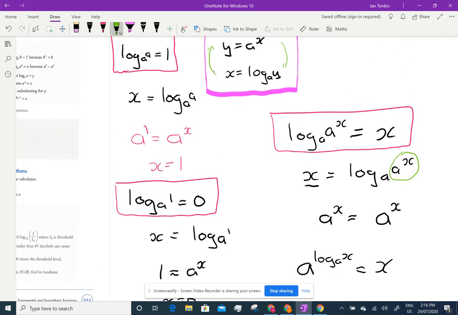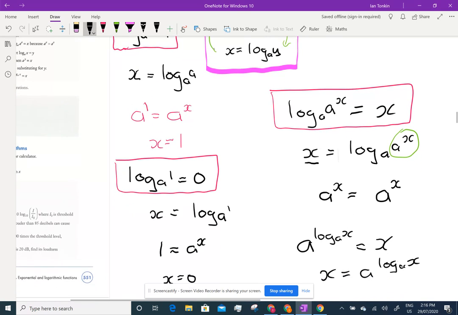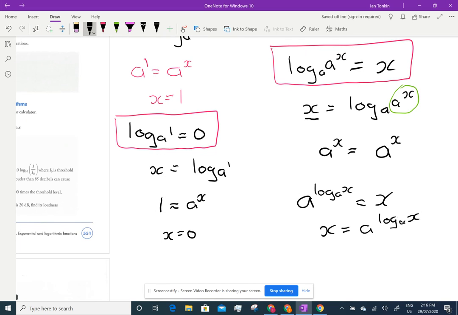I'm going to go this way. So that's going to give me what happens there. And if I wrote it the other way, it might make it easier. So I'll write x equals a to the log ax. So it's in the same order. And we're mirroring this. So that's your y. That's your y when we come down. And all of this is your x.